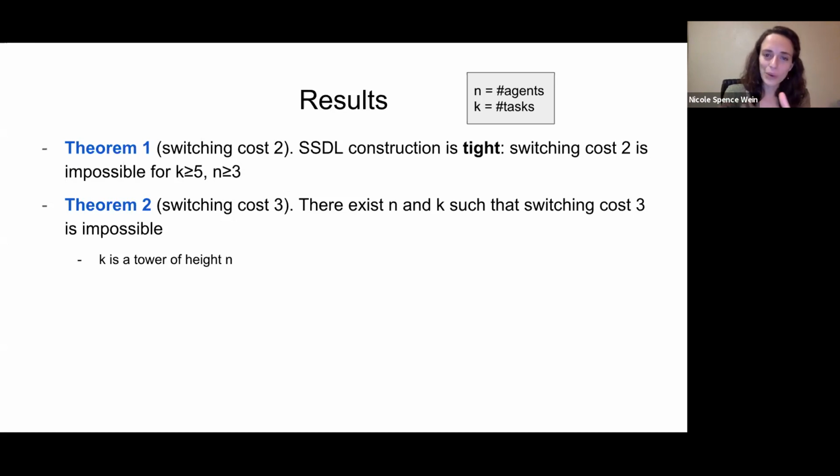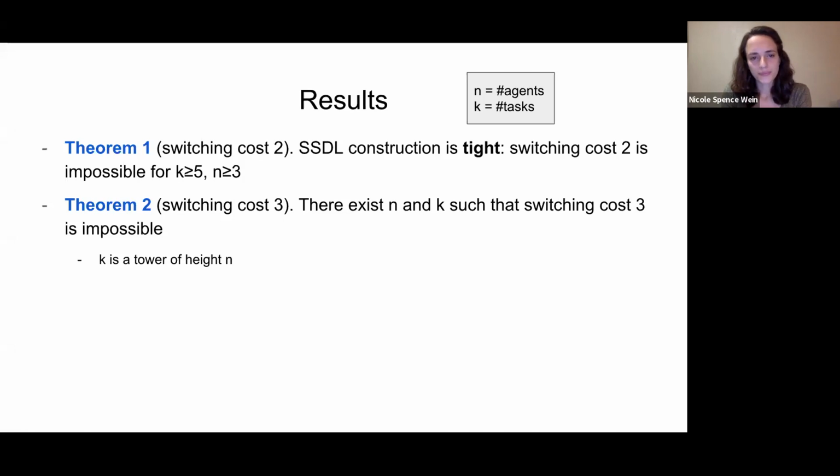In this lower bound, in this example, the number of tasks is absolutely huge. It's like a tower of height n. But it does show that there exists some n and k such that you can't achieve switching cost 3. Okay, so these are the results in this paper.